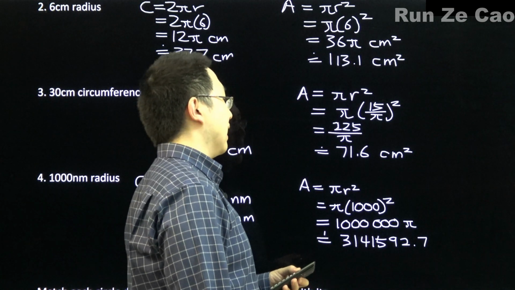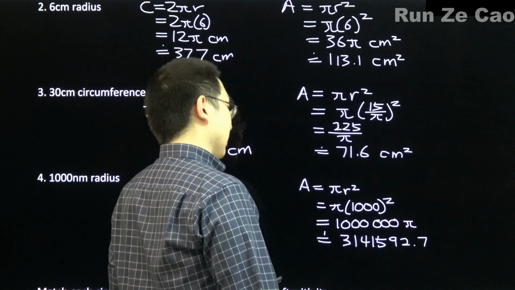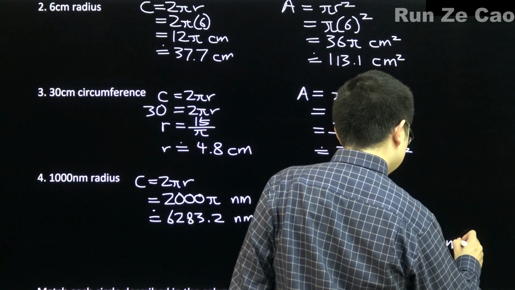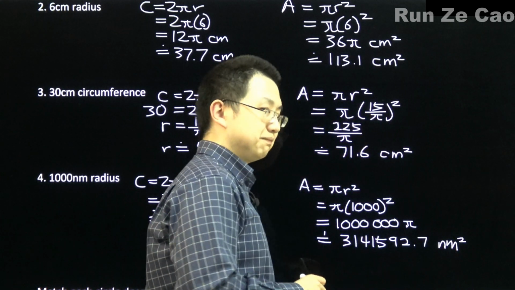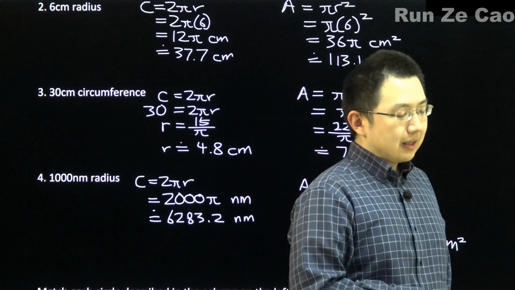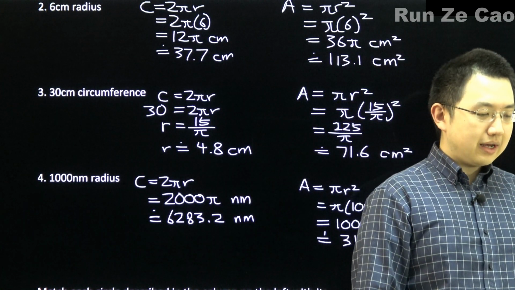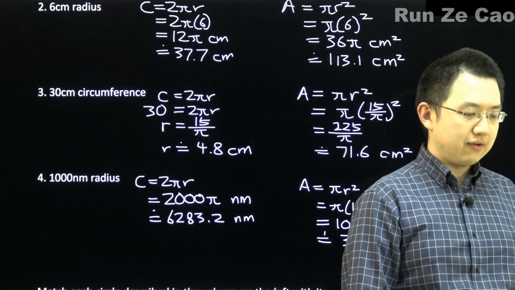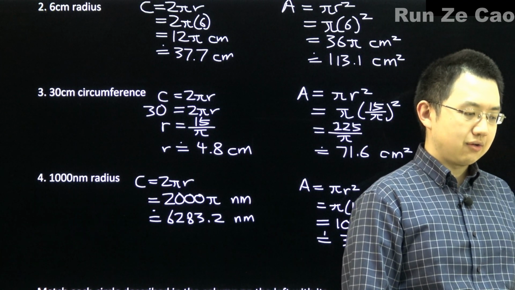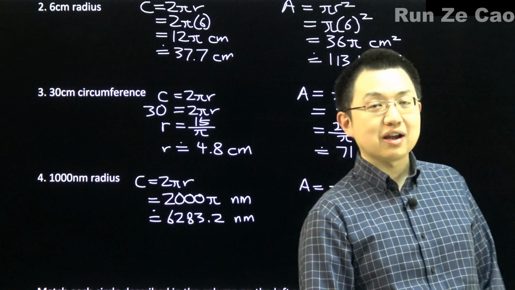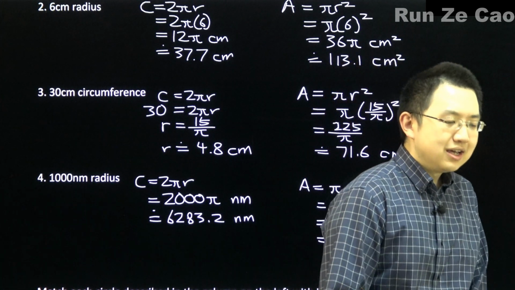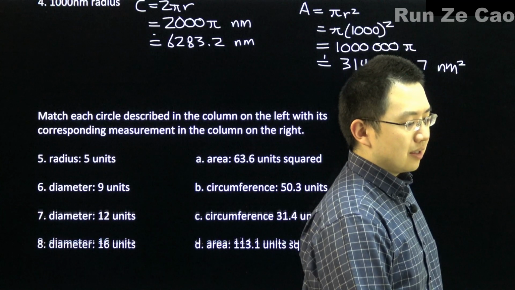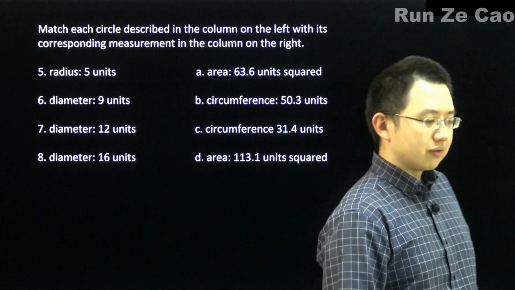What are the units? Nanometers squared. As you can see, this is why a lot of the time teachers don't give questions that have very large radii or very many digits that you have to keep for your radii when you're doing areas. The answers get kind of long pretty fast.